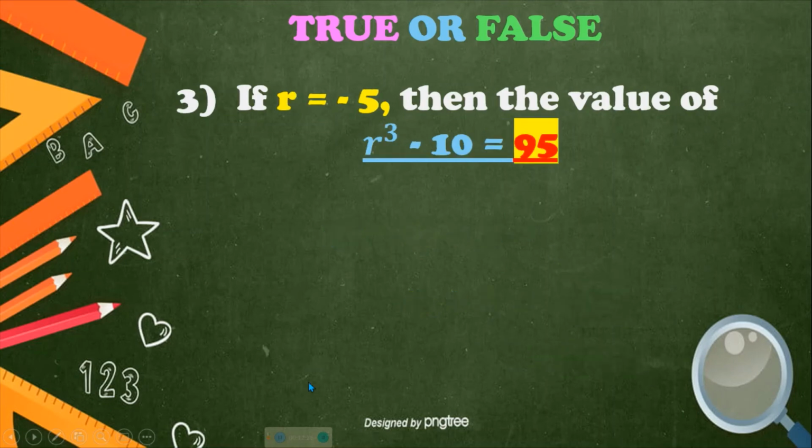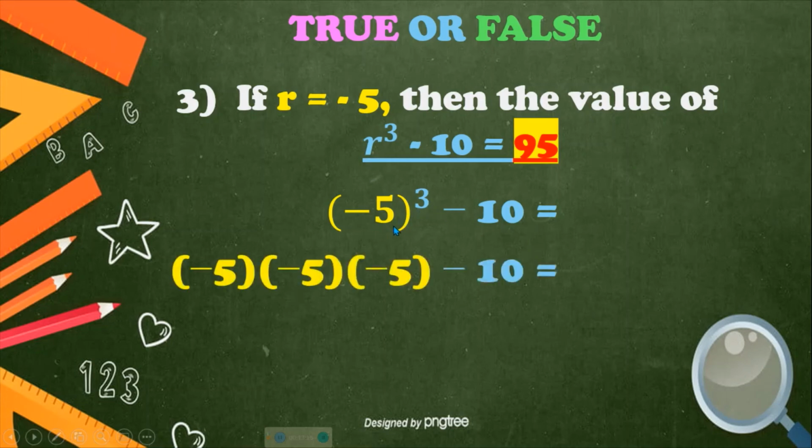Next po, number 3. If r is equal to negative 5, then the value of r cubed minus 10 is equal to negative 5. So we will check. So r is equal to negative 5. So we will substitute yung r magiging negative 5. Cubed minus 10. So tatlong beses multiply yung negative 5, then minus 10.